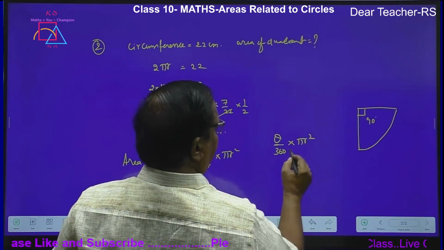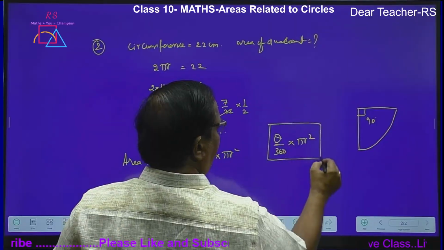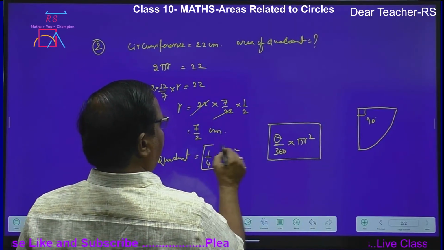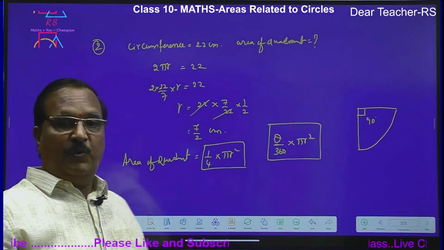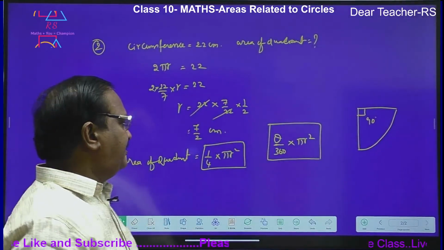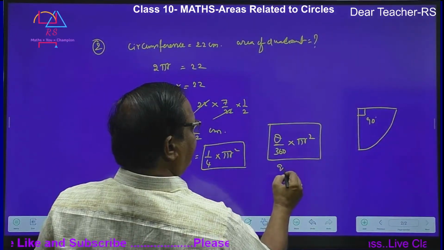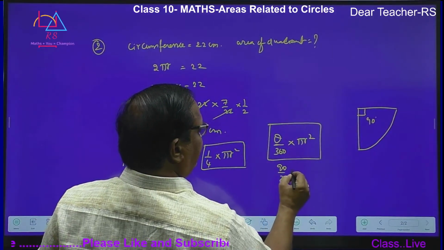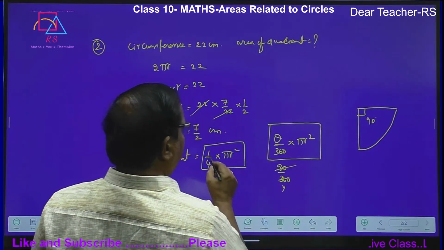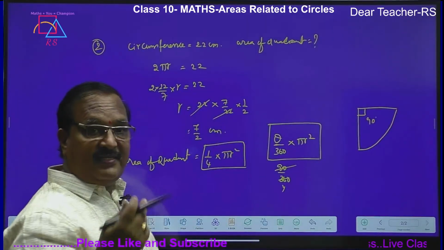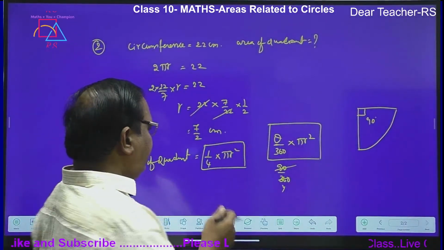Either formula is okay. Both give the same answer, because theta by 360 degrees with theta 90 degrees is nothing but 1 by 4. Since it is given as a quadrant, you can write 1 by 4.